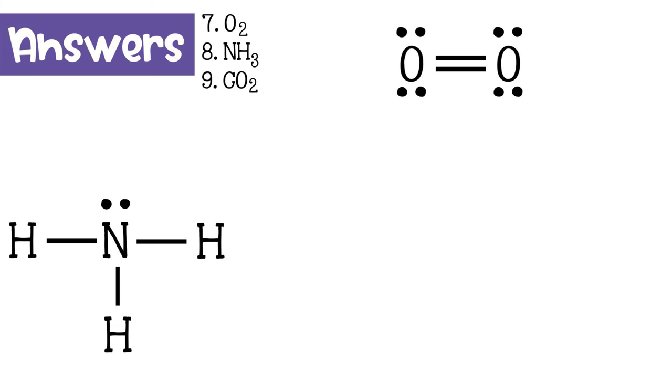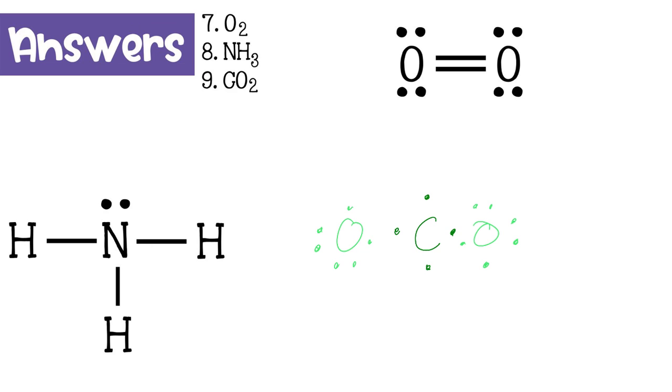Now let's look at 9, CO2. So we're going to place our C in the middle and the oxygens on the outside because we want our molecule to be as symmetrical as possible. So in this case, carbon has 4 unpaired valence electrons.